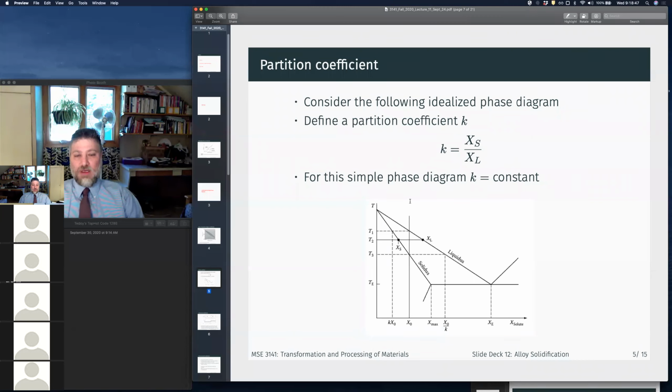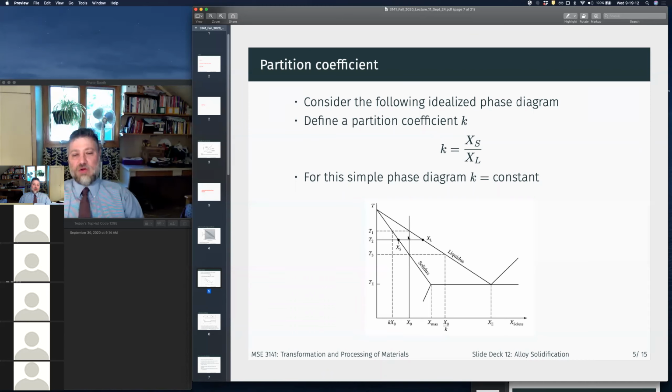Right? So if we think about solidifying down this line, we're all liquid until we hit the liquidus line. Then we're going to nucleate some solid, and the first solid that forms is going to have this composition out here, which is our partition coefficient times our alloy composition, X naught.